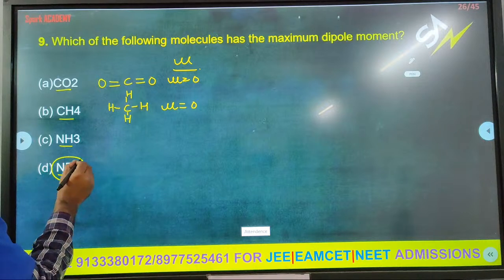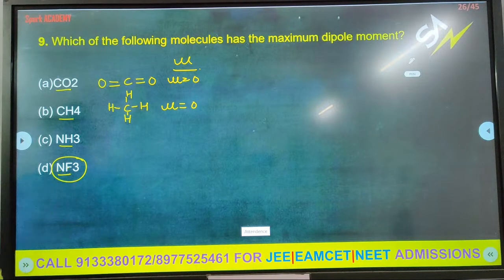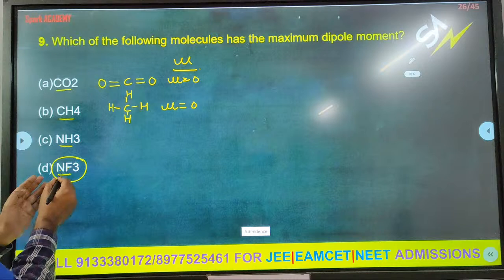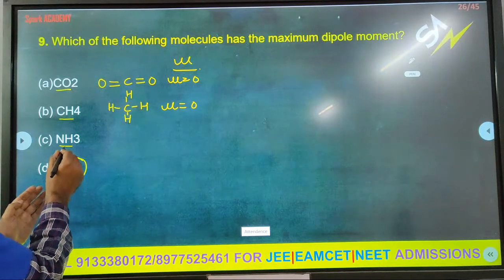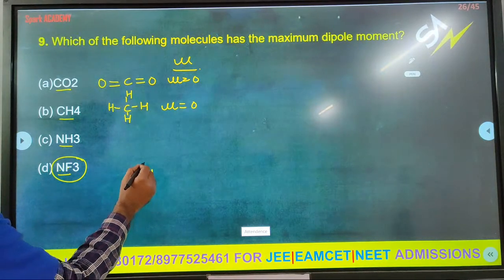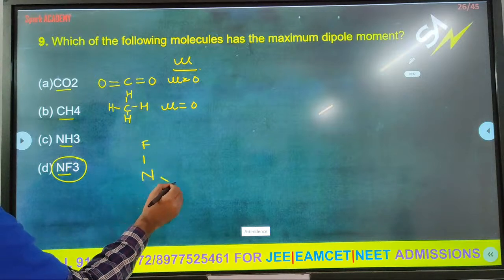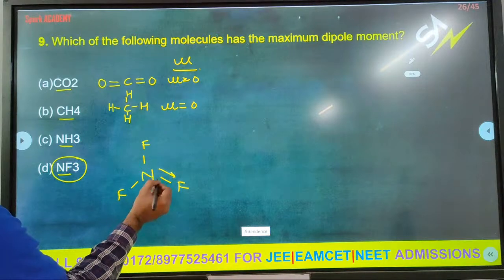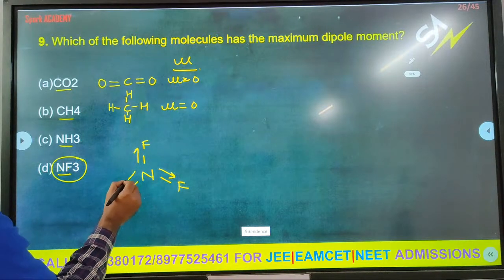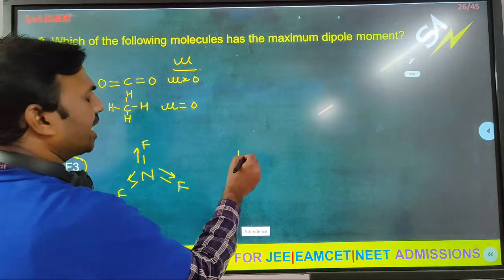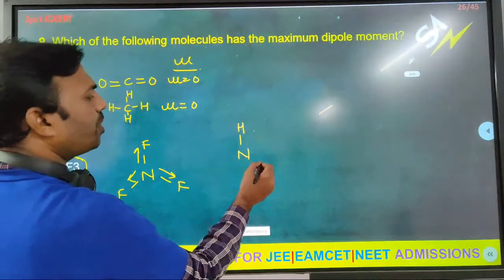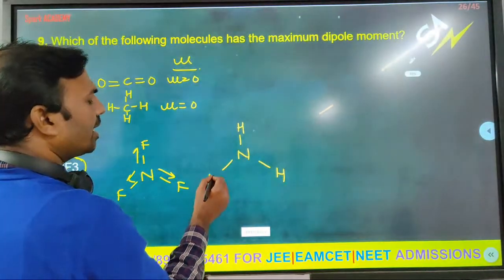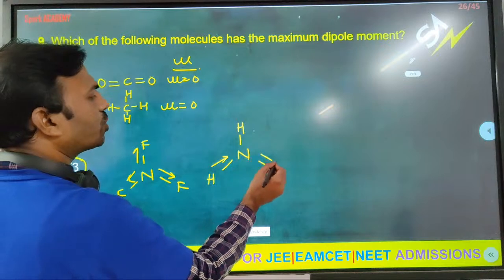But in the case of NF3, the fluorine is more electronegative, so the dipole moment goes toward the fluorines. But in NH3, the dipole moment goes toward nitrogen.